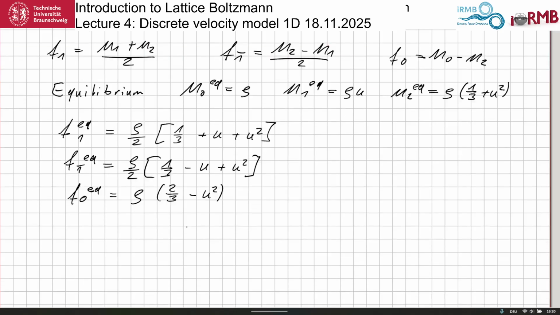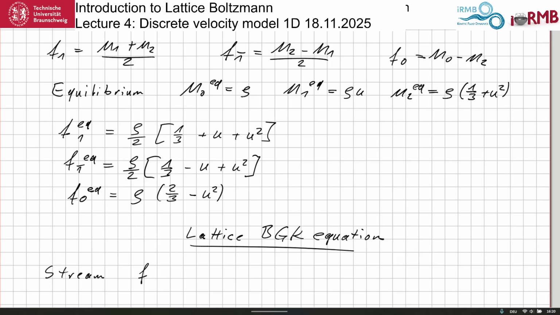Let's do this. Lattice BGK equation. So here we have again to distinguish between stream and collide.